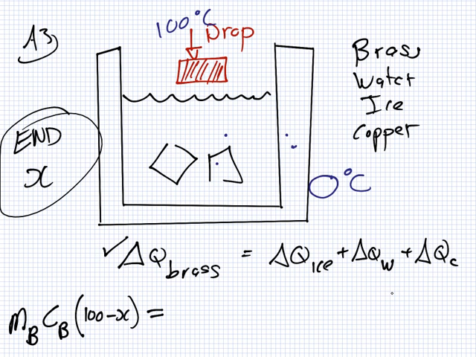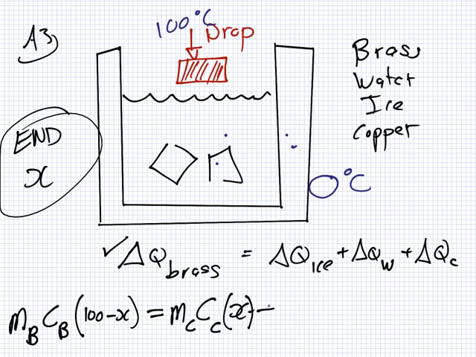Now we'll look at the copper next, because the copper is easy. Does the copper gain or lose energy? It gains. It starts at 0 and finishes at X. So we have M for the copper, heat capacity for the copper, and then its temperature change, X minus 0, or just X. I'll just write X for short to save space.